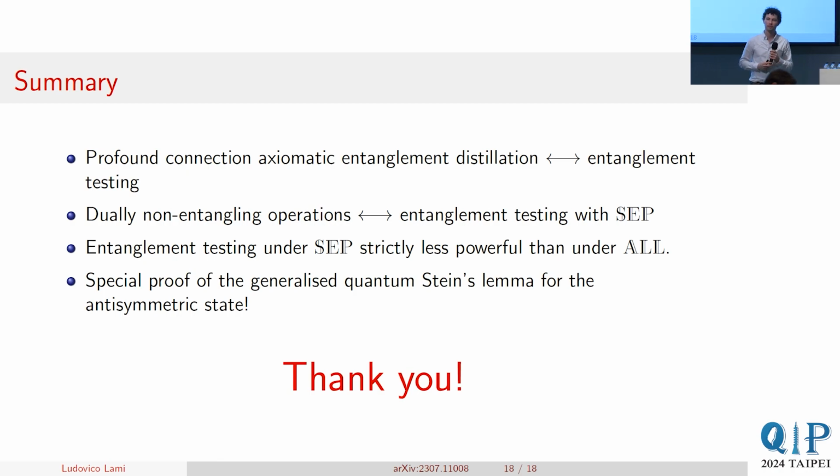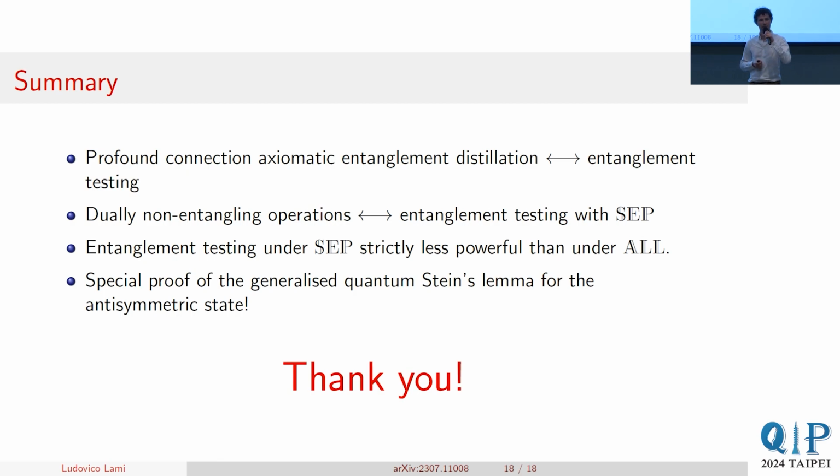So thanks for the nice talk. I'm wondering, so you have these dually non-entangling operations and also non-entangling operations. The latter only imposes axiom 1, whereas this one imposes 2 axioms. Just out of curiosity, what if you just impose axiom 2? Does it make any sense?